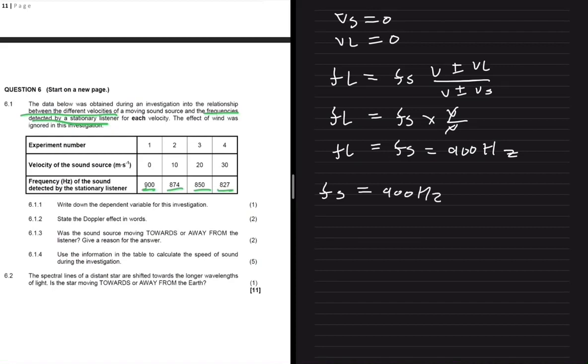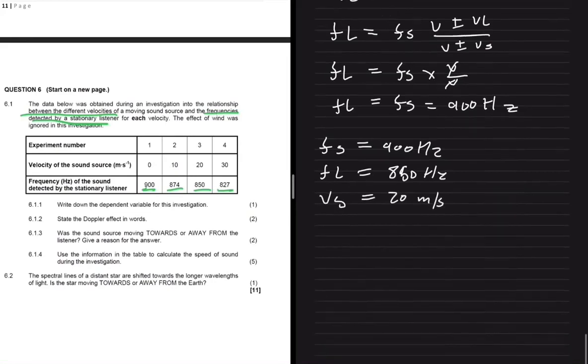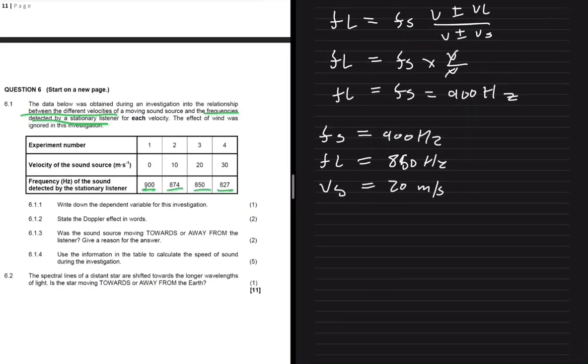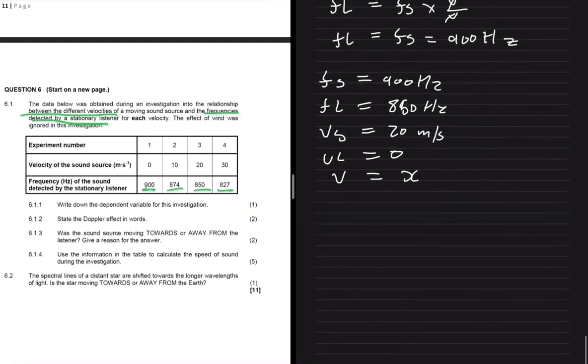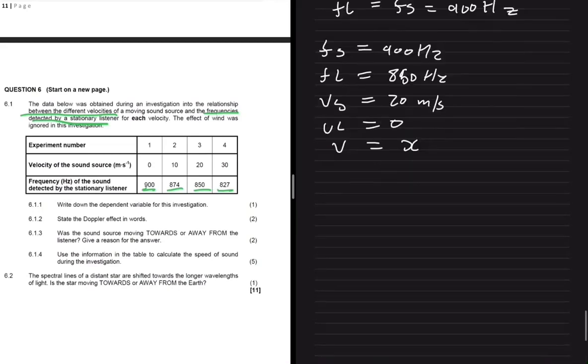FL for the third experiment is 850 hertz. Vs is 20 meters per second, we're given that. We sub VL equals 0. V is our unknown. So let's plug that into the equation.